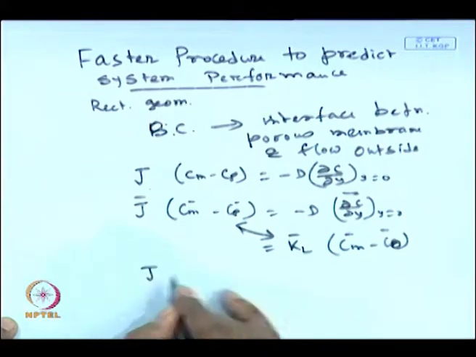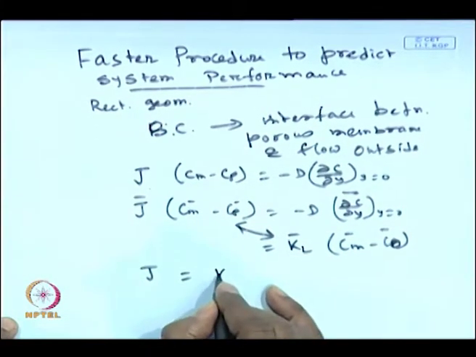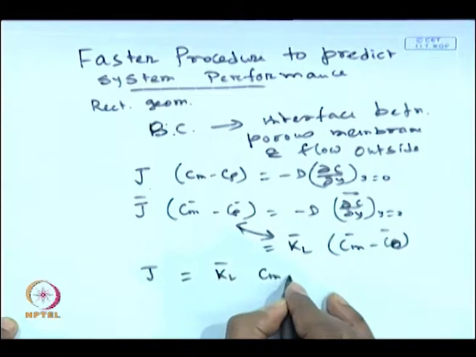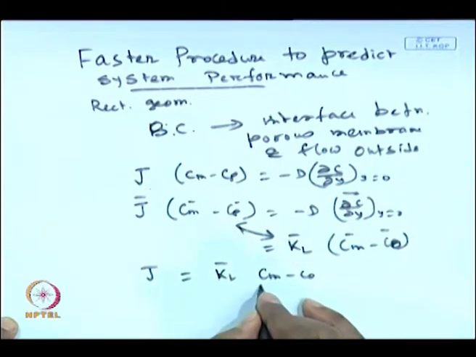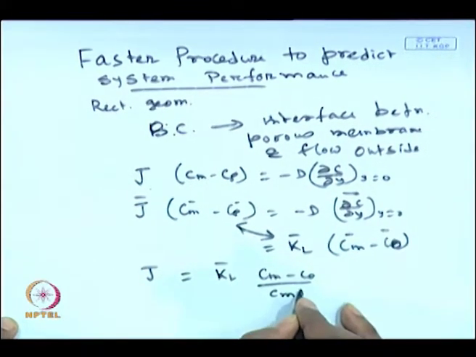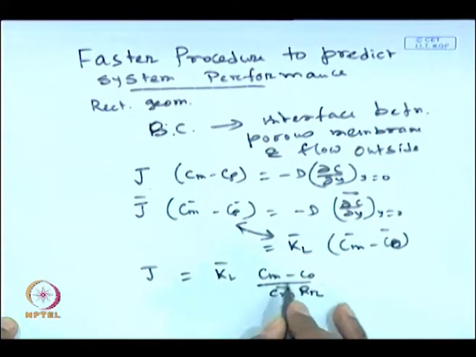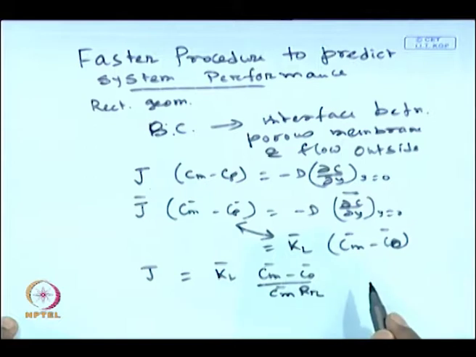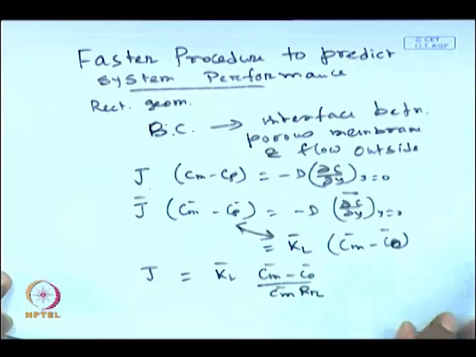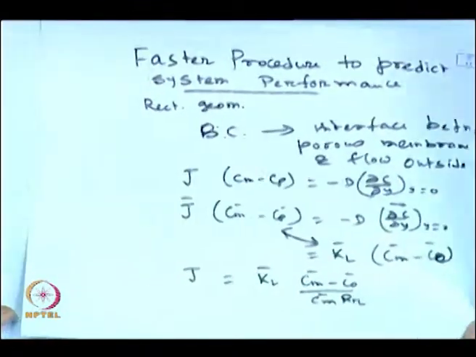You will be getting J is equal to KL bar times Cm minus C naught divided by Cm minus Cp, or RR. Okay. All these are length averaged quantities. There is no meaning of C naught bar because we know the feed concentration. So that is C naught. Now we make it non-dimensional. That means we multiply both sides by D equivalent divided by diffusivity of the solute. So let us see what you get.